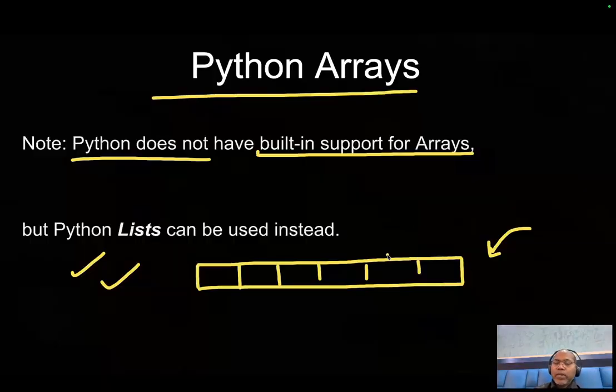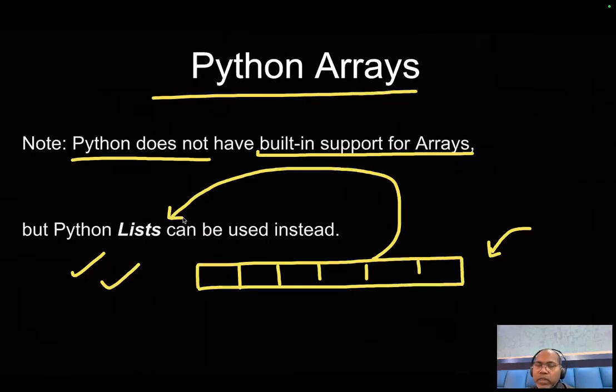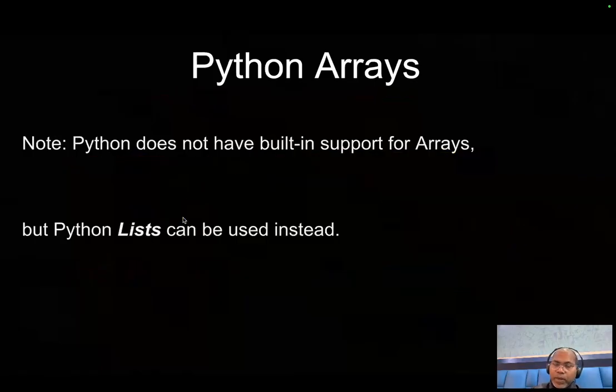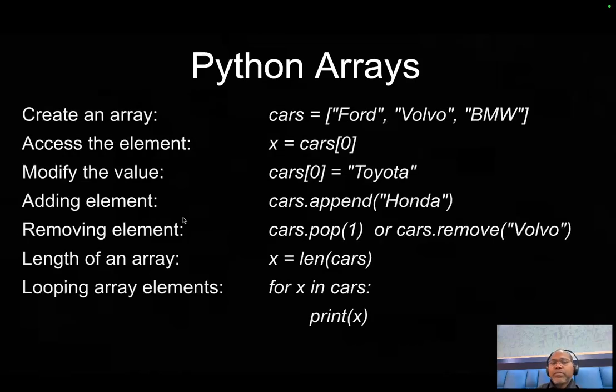Instead, the array data structure concept is already implemented in Python as a list. So whenever you want to work with array data structures in Python, a good option is to use the list. A list is the array implementation in Python. There are a couple of things we're going to talk about, but the basic primitive is the list.